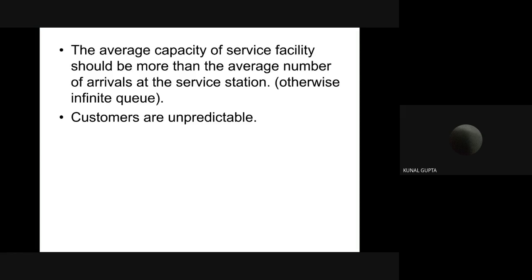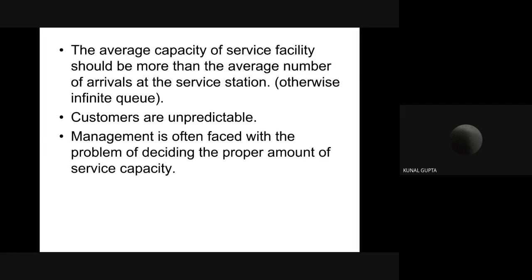At a particular point in time, we may have more customers than the available service facility, so they will form the queue. They will wait, and because the average service rate is greater than the average arrival rate, all will get the service after waiting some time. So customers are unpredictable in nature.